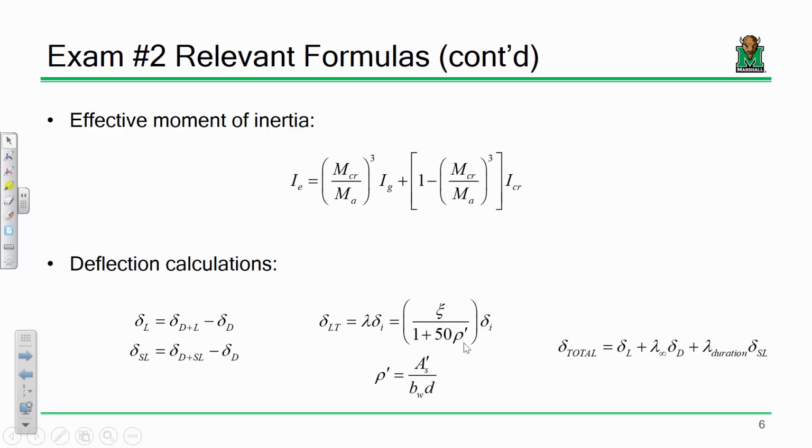We're going to have an MA, which is in turn going to produce an IE, which is in turn going to produce a dead load deflection, which is 5 L to the 4 over 384 EI.